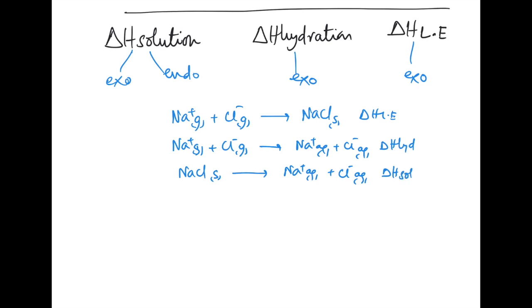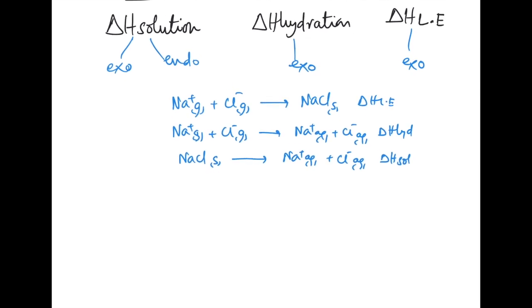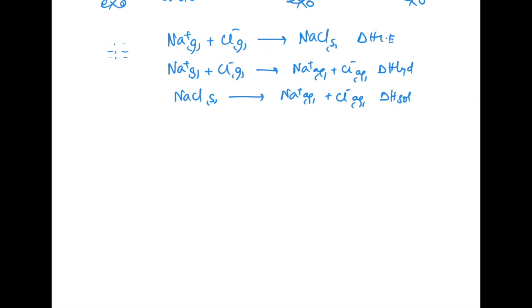Now, if I were asked to connect all these three enthalpies in one Hess law, can we do that? Yes, we can instantly do that. How? Let's start from any random equation. Let's say NaCl solid gives you Na+ aqueous plus Cl- aqueous, enthalpy of solution.